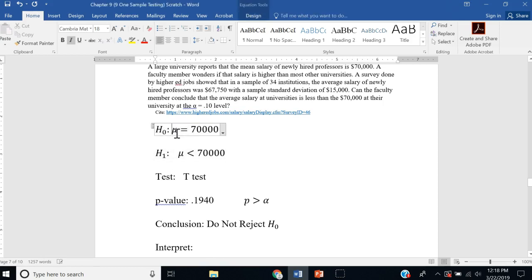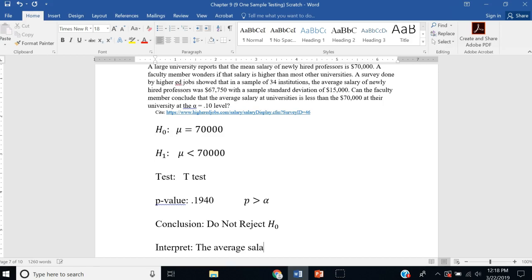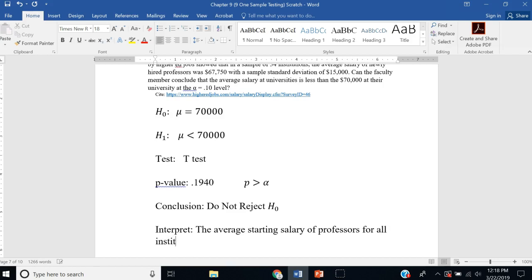So what this means is that the average salary of all institutions, or I should say the average starting salary of professors for all institutions, is, again, we want to use the word close to rather than equal to $70,000.